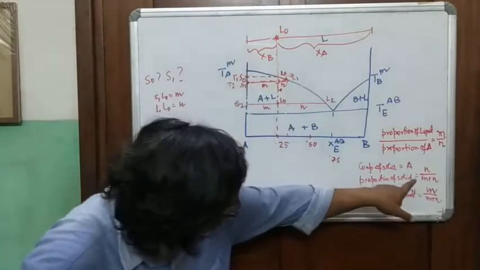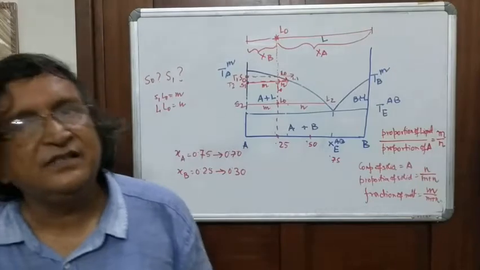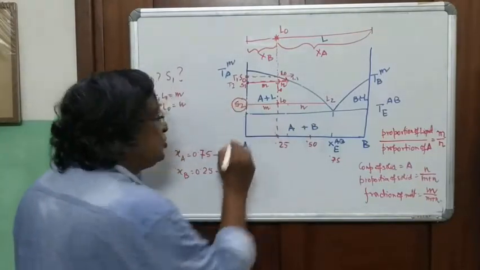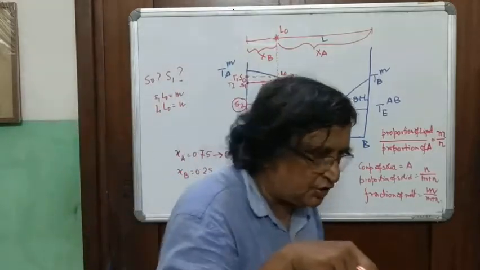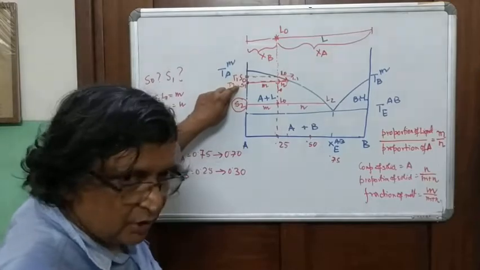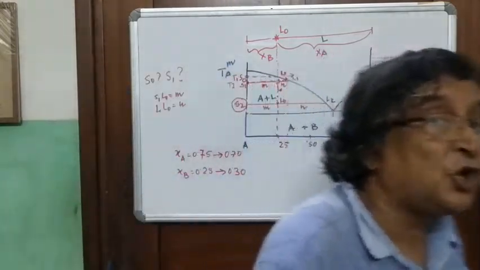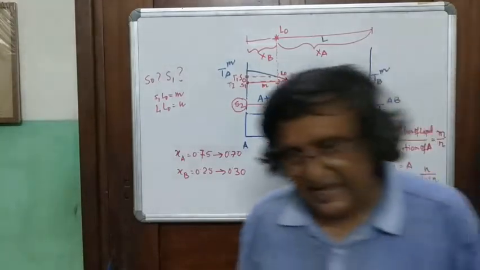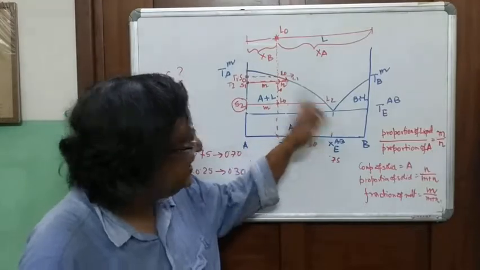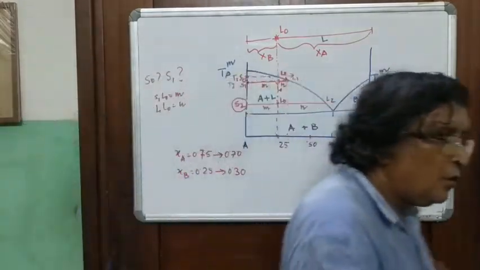If the length of N increases, that means the proportion of the solid increases. So here, your S2 also has the same composition as S1 and S0, but in S2, the proportion of the solid is more. Solid A is more, given by M divided by M. That is how crystallization will continue.